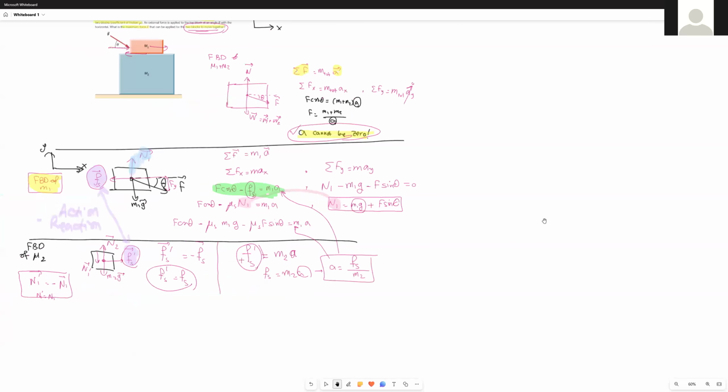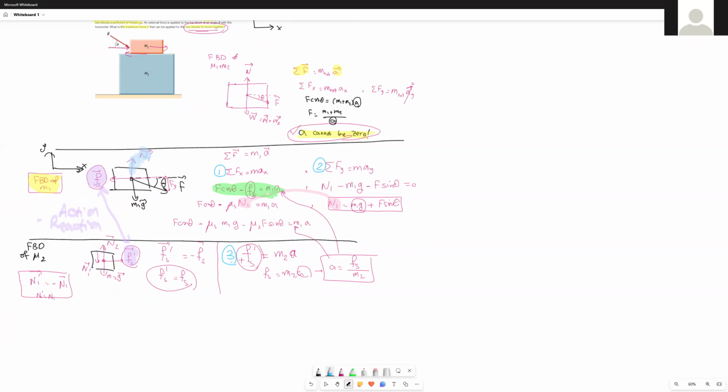Either of them is going to work out. Let me label how many equations we used. This was equation 1, this was equation 2, this was equation 3, and we didn't need to write down the equation for Newton's second law of motion on the y-axis for M2.